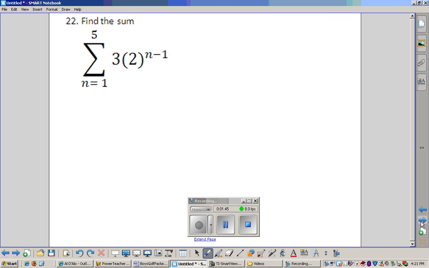The next one wants us to find the partial sum of this sequence here. The reason it's a partial sum is because it goes from 1 to 5, not 1 to infinity. What you need to know is this is the first term, and this is the common ratio. When you see an exponent on it, you know it's a geometric sequence.